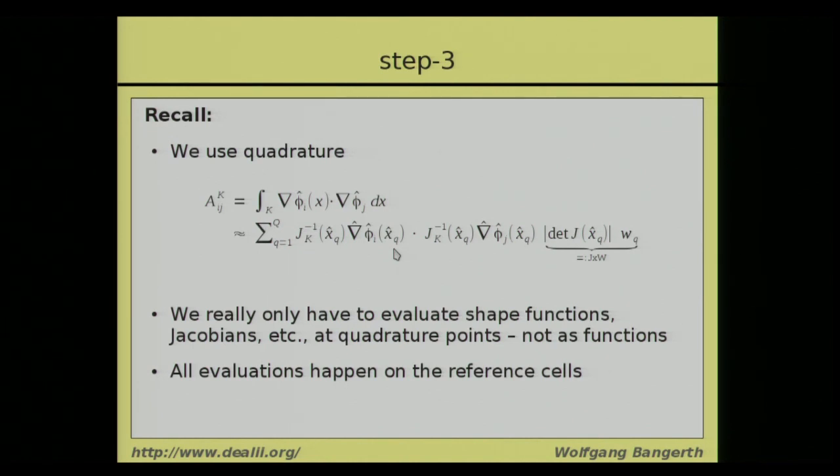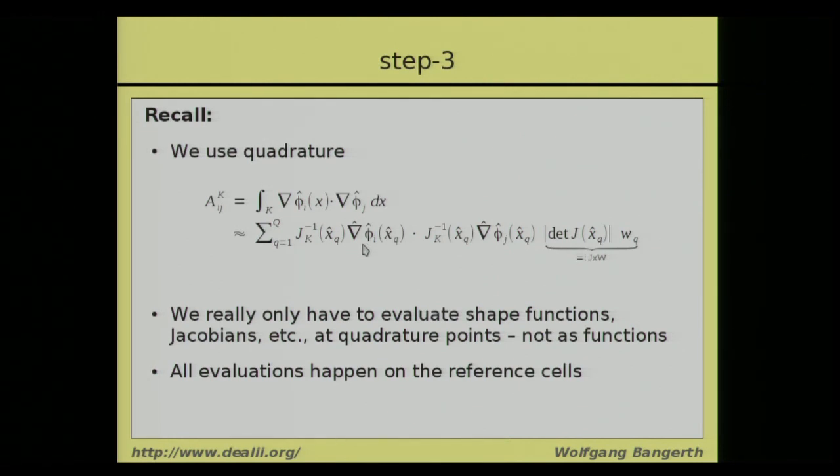So each one of these cells might be differently shaped, and it might be a translation and a rotation and a shearing of a previous cell, but the quadrature points on the reference cell are always the same. So in other words, if I have to evaluate these shape functions on the reference cell, that's what the hat indicates, on these quadrature points, then this is an operation that is the same on every cell.